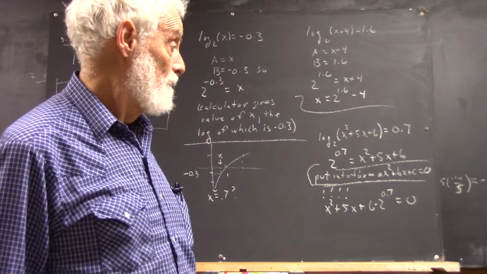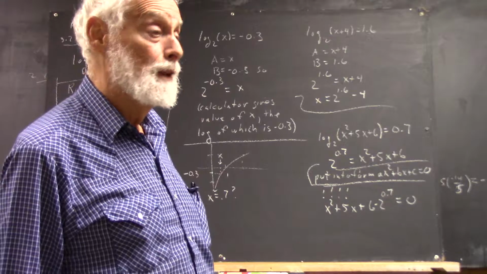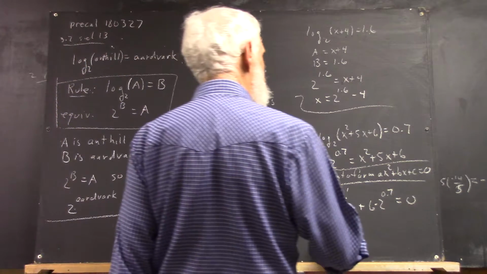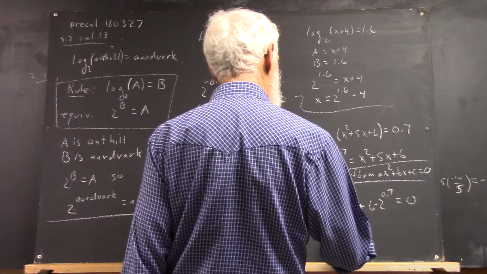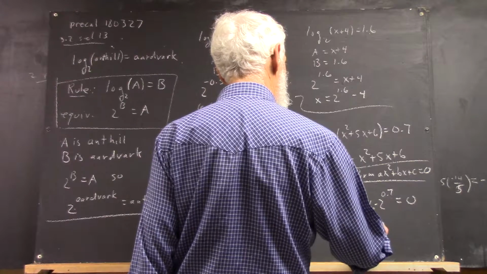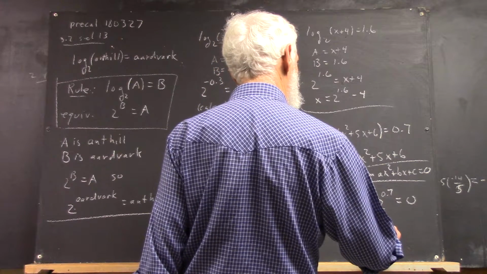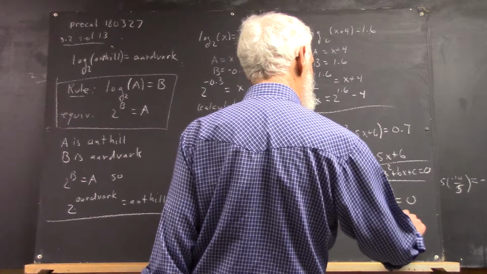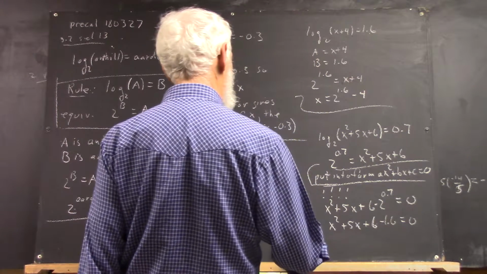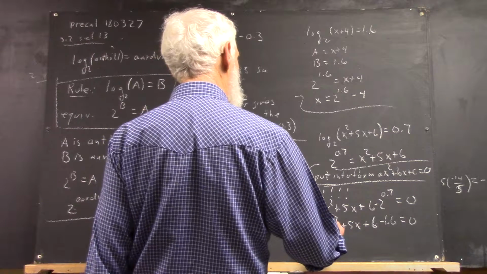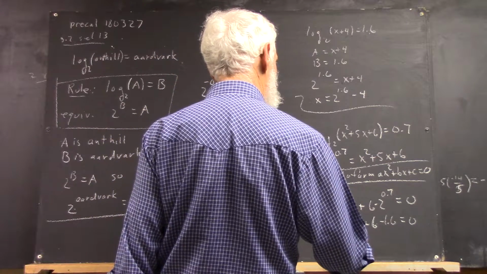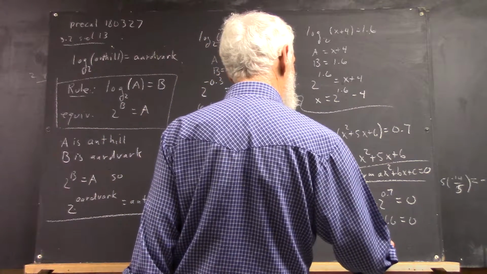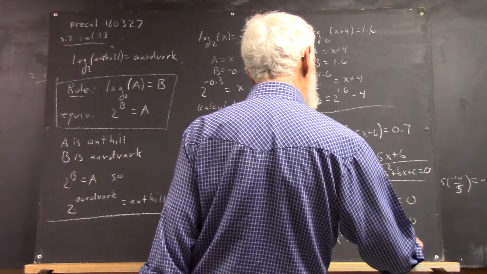That's about 1.6. So approximately, x squared plus 5x plus 4.4 equals 0.